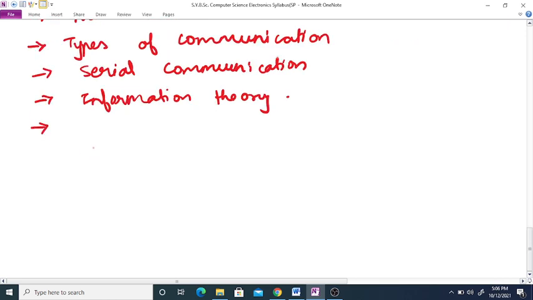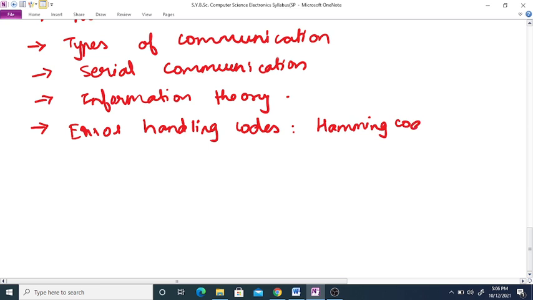Next, error handling codes. In this error handling codes again we are going to see Hamming code and CRC, that is cyclic redundancy code.